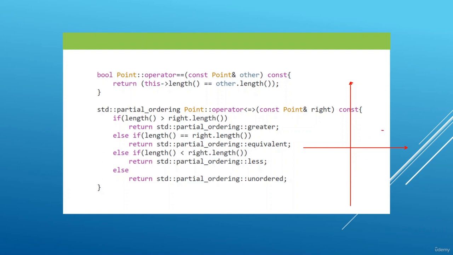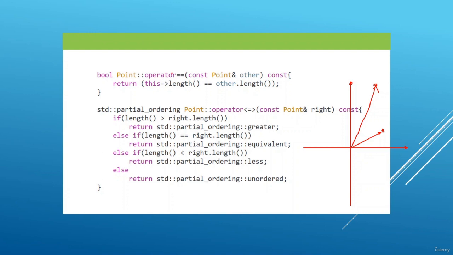If we have a point here, for example, it is going to be less than a point whose distance is further away from the origin point. So this point is going to be greater than the point we have here. And this is the relationship we want to set up here and use the three-way comparison operator to help us generate all the other operators.